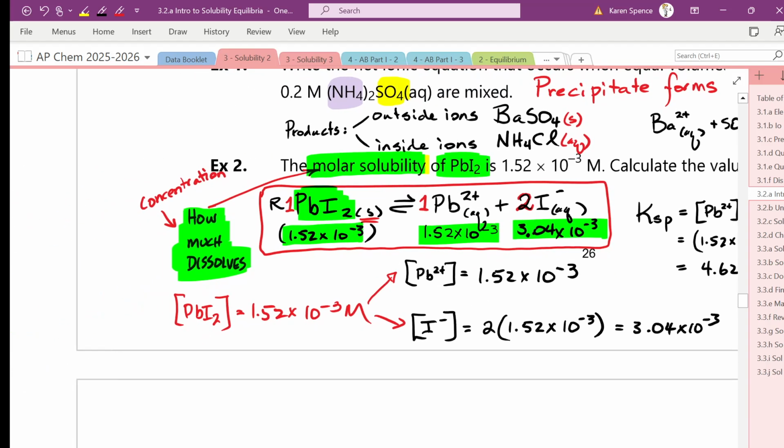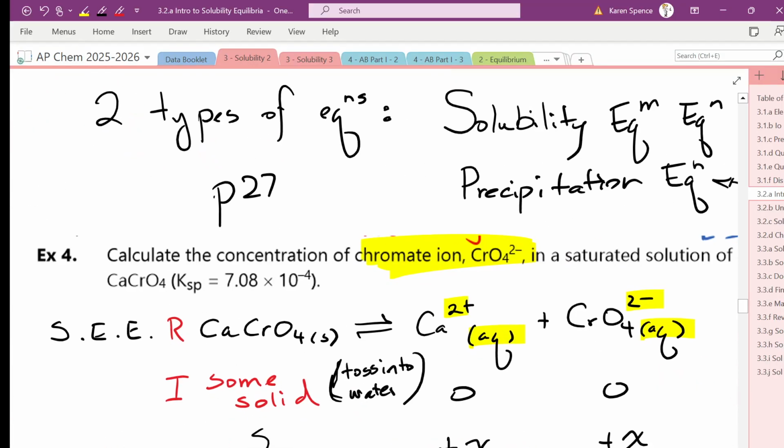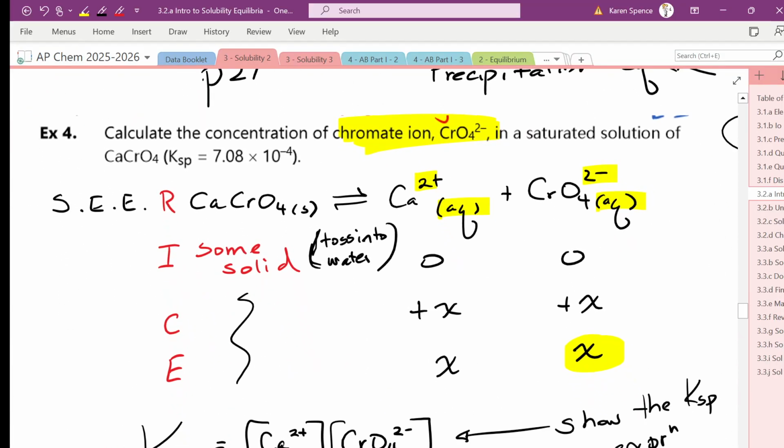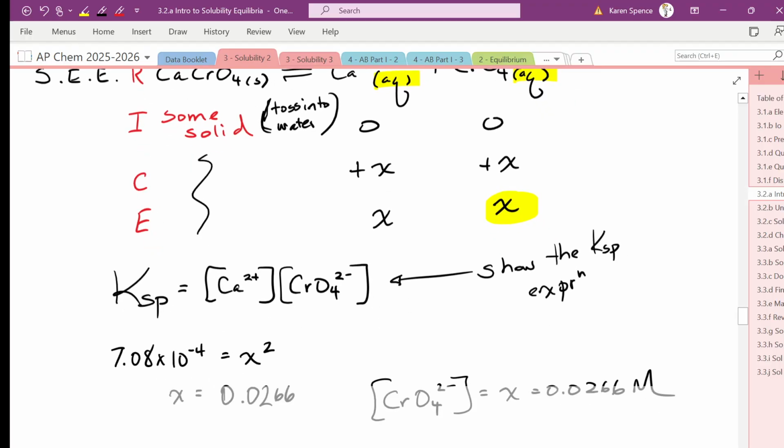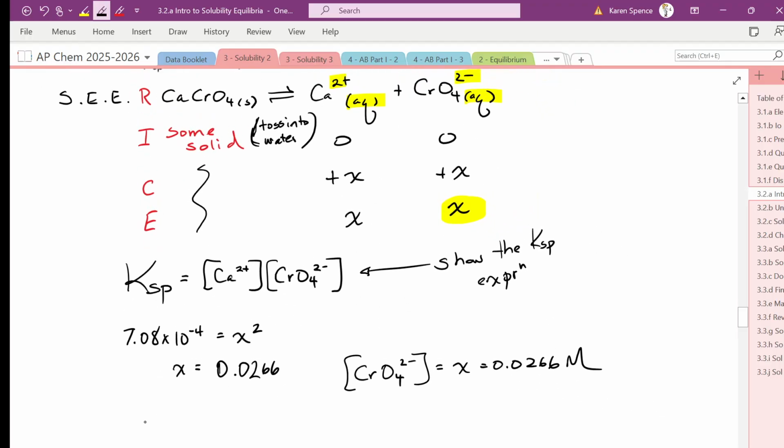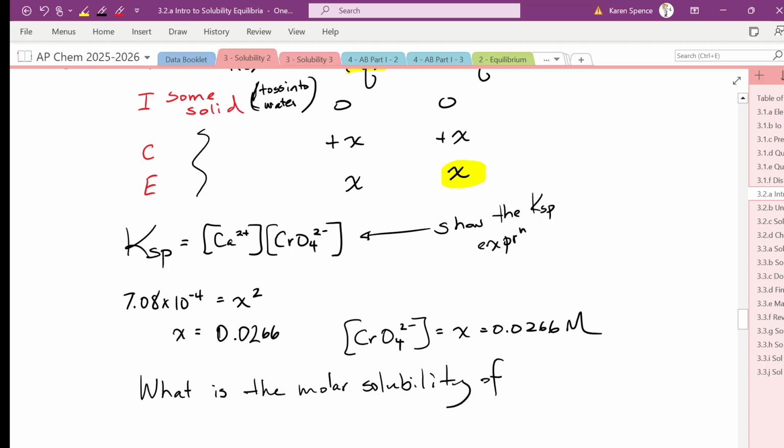Okay, so what if, on this question here, instead of saying, calculate the concentration of the chromate ion, what if I said to you, what is the molar solubility? But it's not just the concentration, it is the concentration of the saturated solution.